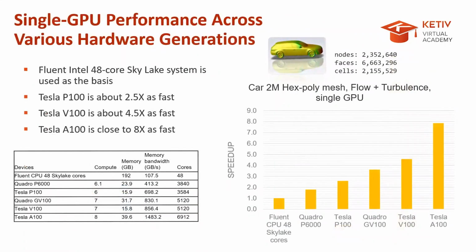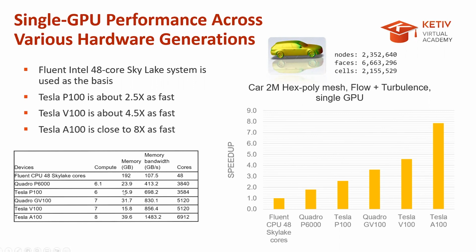Now, let's talk about another example. This is a polyhex core mesh with 2 million cells done with a single GPU. So we're not adding the number of GPUs to the computation, but we are trying to compare different GPUs in the commercial space and how they stack up against a CPU simulation run. You can see some of the common GPUs that are supported and tested by the native GPU solver inside Fluent.